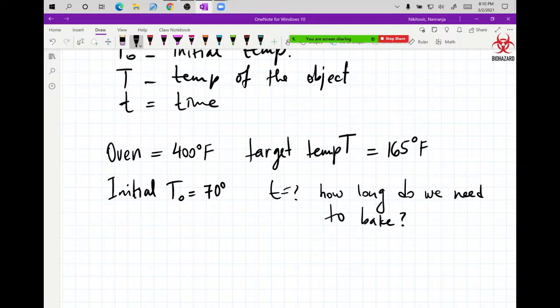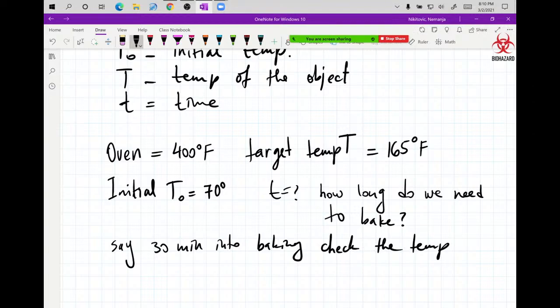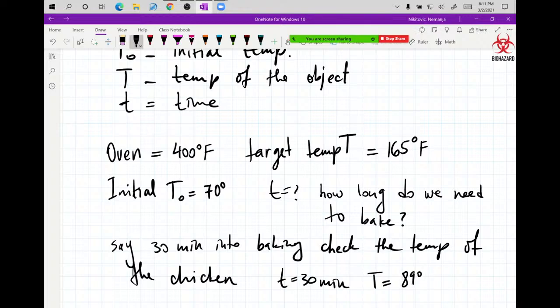You need more information: say, 30 minutes into baking, check the temperature of the chicken, and let's say at t equals 30 minutes the temperature of the chicken was, let's say, 89 degrees.